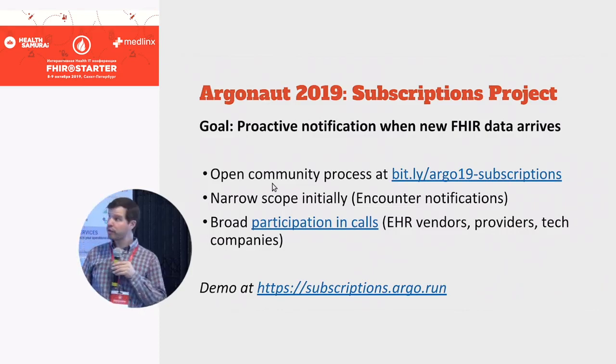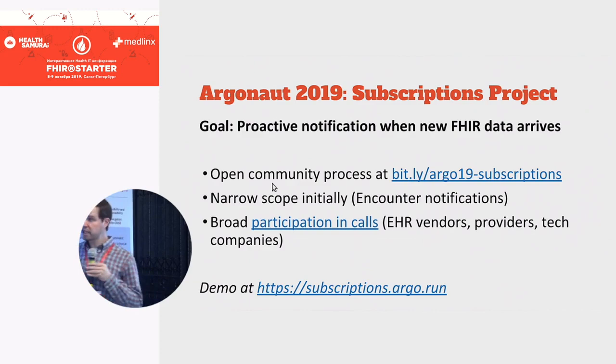So through an organization called the Argonaut Project, we selected this as one of the things we wanted to work on in 2019. Argonaut has existed since 2015, and each year it selects a few topics to work on.